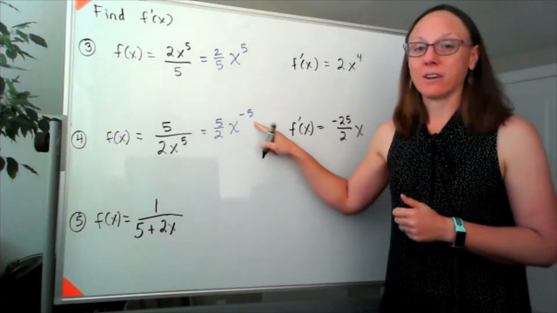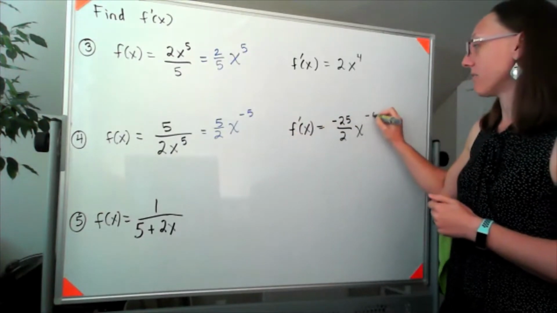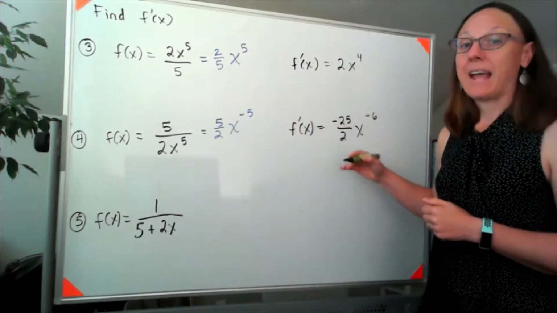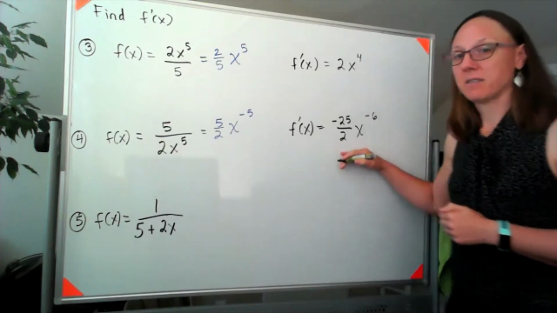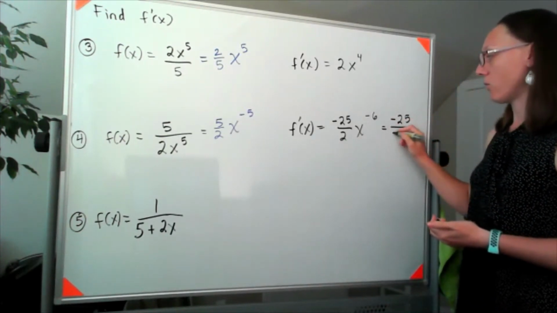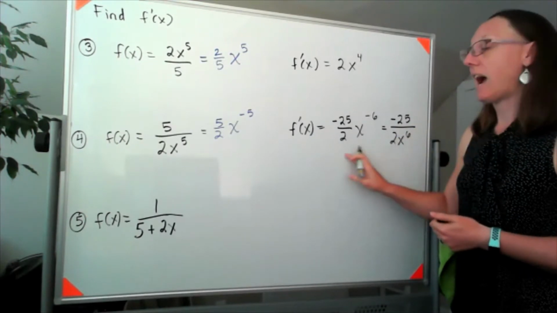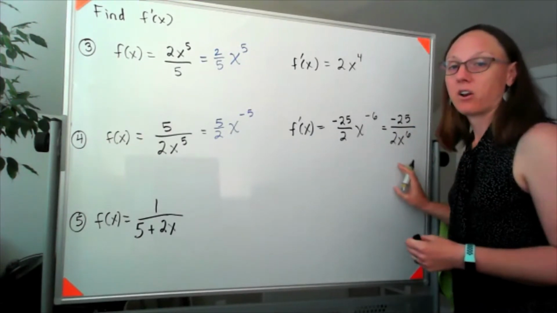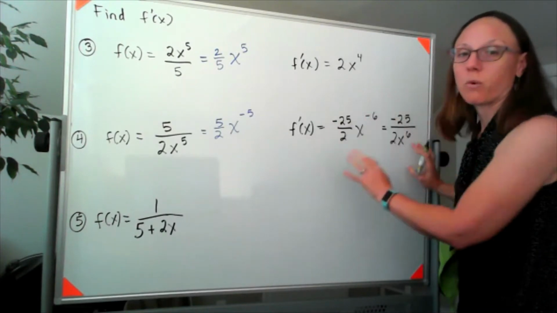And when we subtract 1 from the exponent, we'll be at -6. As an alternate way to write this, you could also say that that's -25 over 2x to the 6th. Either one of these is full credit, 100%. They're correct.